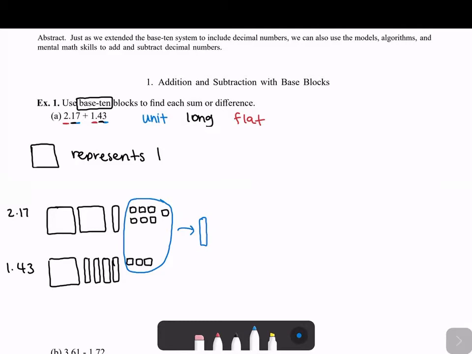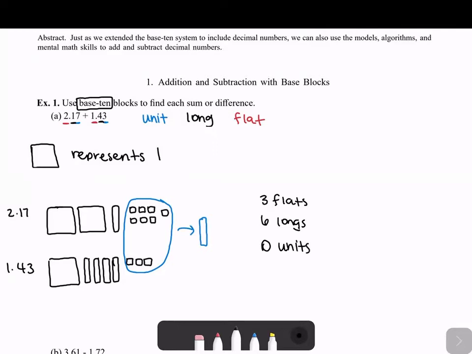And we have 3 flats, and we can't regroup those either. So what we get is that whenever we add 2 and 17 hundredths and 1 and 43 hundredths, we get 3 flats, 6 longs, and then we didn't have any units left over.